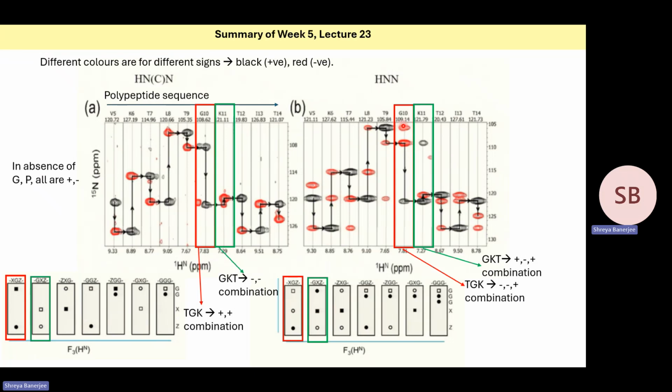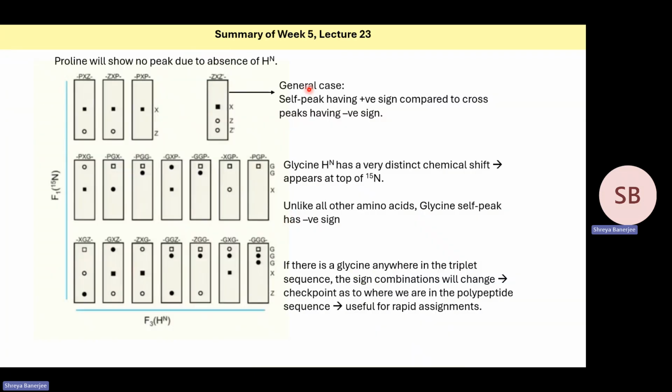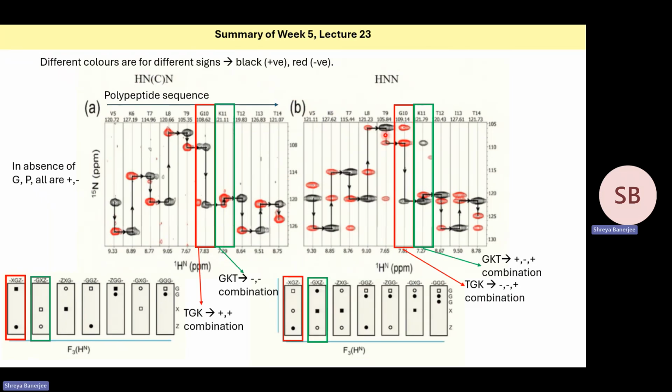In glycine, the order automatically changes. You can see here, this corresponds to the case where you have two negatives and one positive, which is the case where you have glycine in the middle.